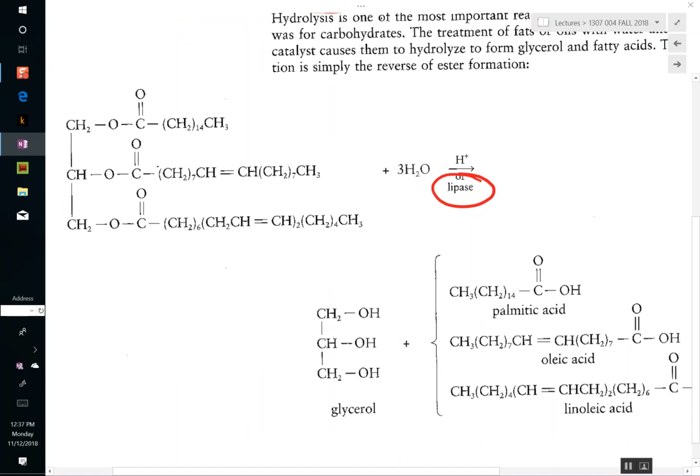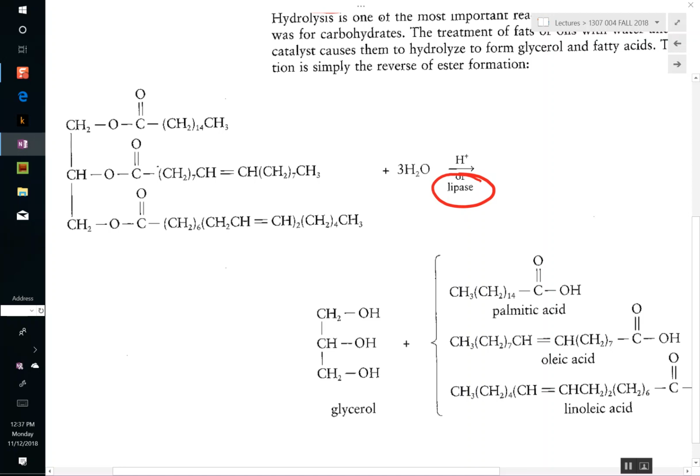So in the laboratory, I could take olive oil and a little bit of an acid of some sort and water and break it down into this. Just kind of doing a wet chemistry experiment or a reaction in the laboratory.